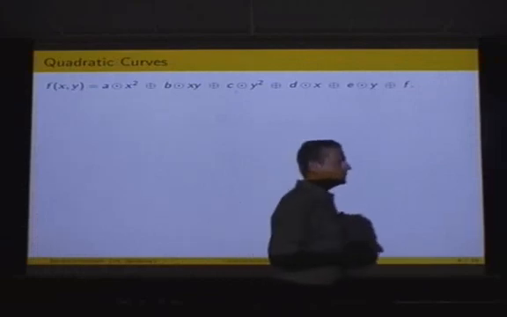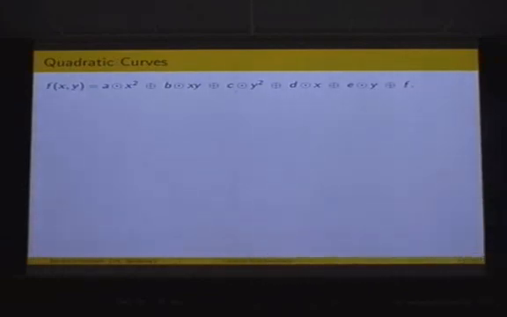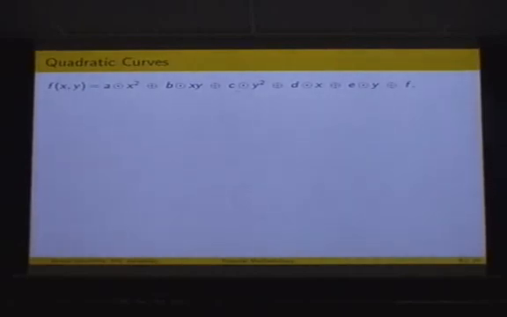So in general, to speak about quadratic curves in the plane, you take a quadratic polynomial, ax squared plus bxy plus cy squared plus dx plus ey plus f. And that's, of course, bad notation. Sorry about that. So a, b, c, d, e, f are some real coefficients.